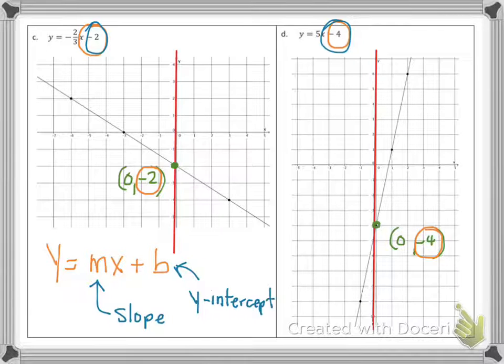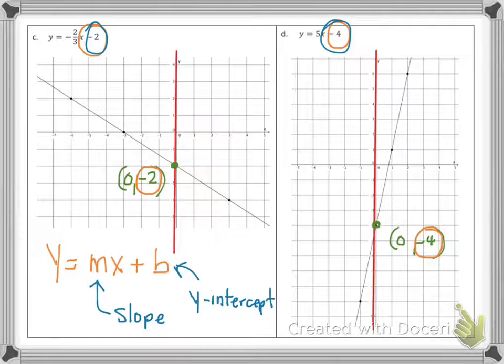And that's where the form of the equation gets its name, the slope-intercept form. The slope is included. It's the coefficient of x. And the y-intercept is the constant at the end of the equation. Whatever that is, that's where the line crosses the y-axis.